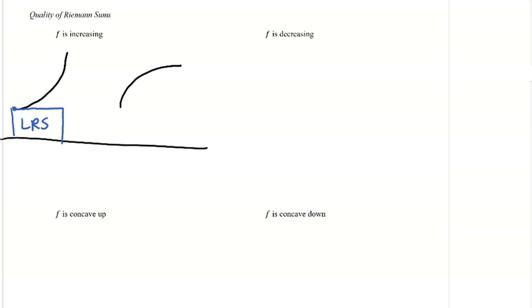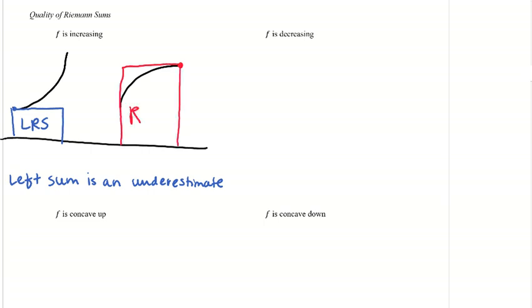A left Riemann sum is an underestimate. Over here, regardless of the concavity, the left Riemann sum will be an underestimate. With a right Riemann sum, if I start from the right endpoint, I'm just doing one subinterval, just for simplicity here. For a right Riemann sum, it will be an overestimate.